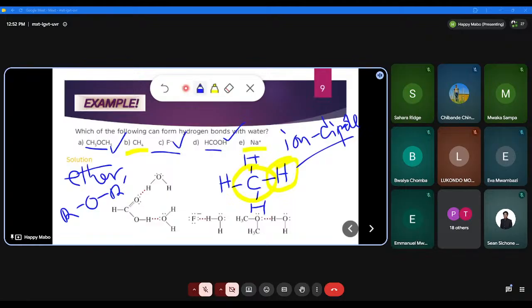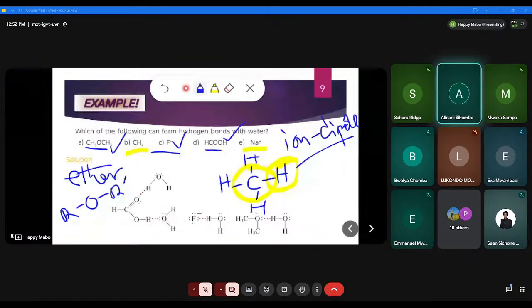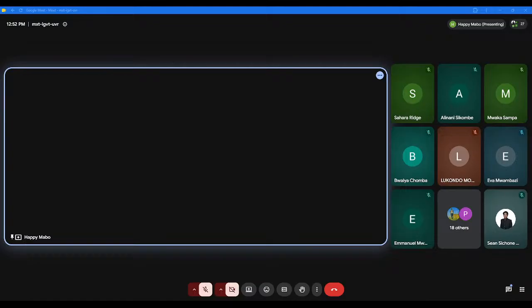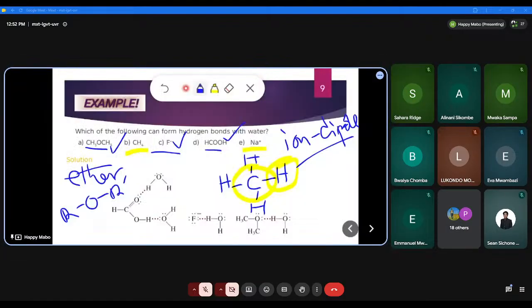I have another session that I, yes, yes. Sorry, just before we end the class, what did you say on the sodium ion? Why it cannot bond with, I don't know. Wait, I don't know if you're using two gadgets. There is some echo of some sort, which is making it very difficult for me to get what you are saying exactly.